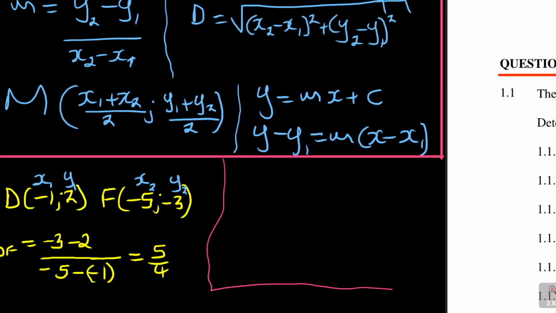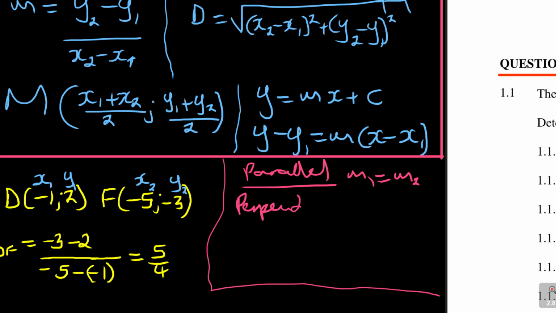For gradients, if lines are parallel, the gradient M1 is equal to M2. For perpendicular lines, M1 times M2 gives you -1. That is for perpendicular lines.